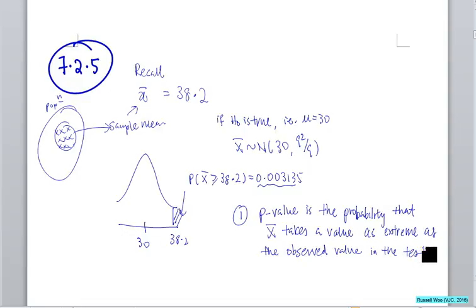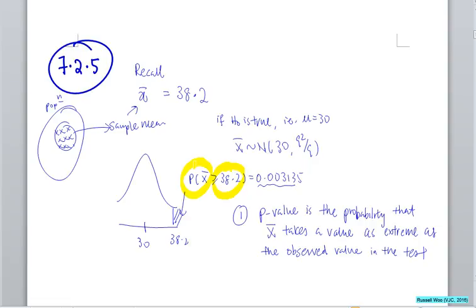Now let me break it down a little bit. This is the observed value, 38.2, right? Surely I can calculate the probability of x bar taking a value as extreme as 38.2. Follow? So this definition of p-value is like that.